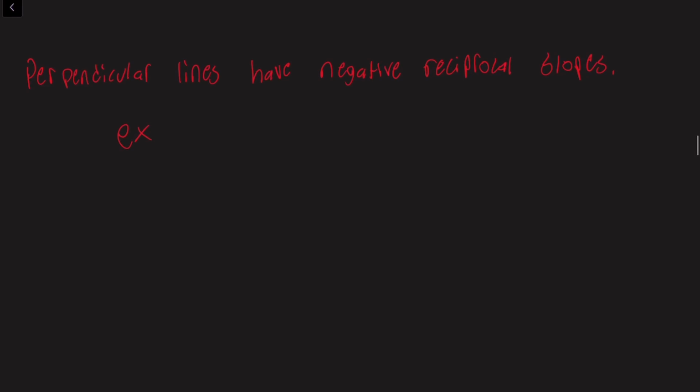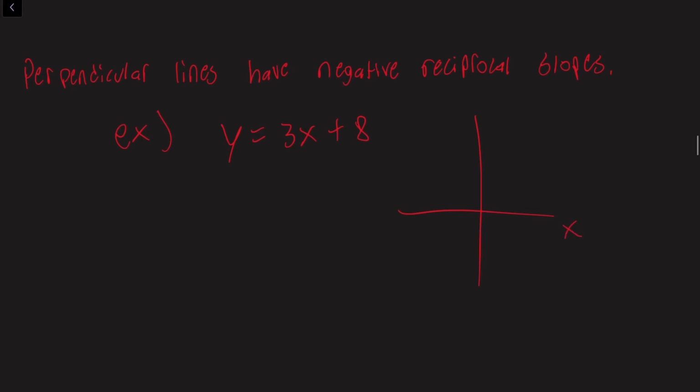For example, if one line was y equals 3x plus 8, and if that line looked like this, a line perpendicular would have y equals a negative flipped slope to that one.